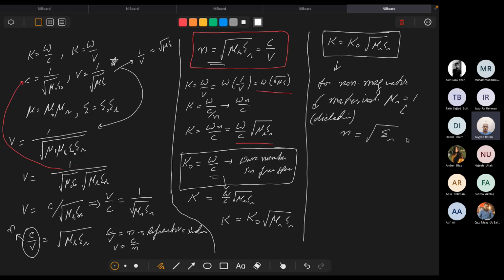So after that we can write n square is equal to this one.